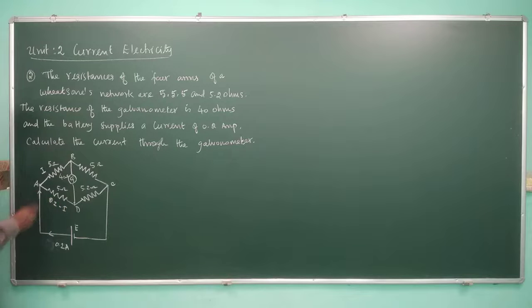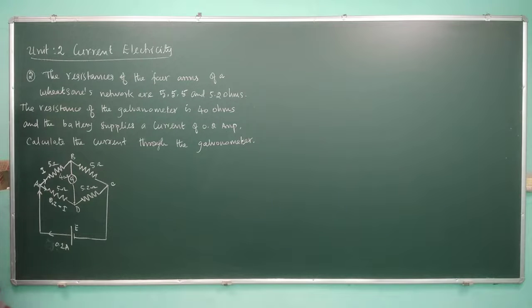According to Kirchhoff's current law, the current coming into a node is equal to the current leaving that node. So I ampere is leaving this node and 0.2 ampere is coming to this node, so 0.2 minus I ampere will flow through the other branch.